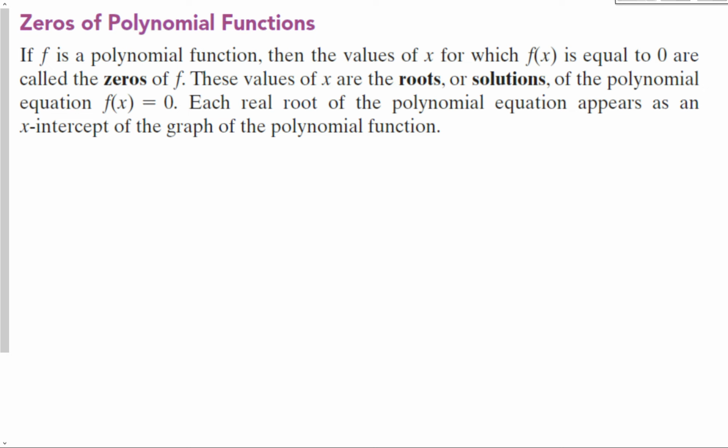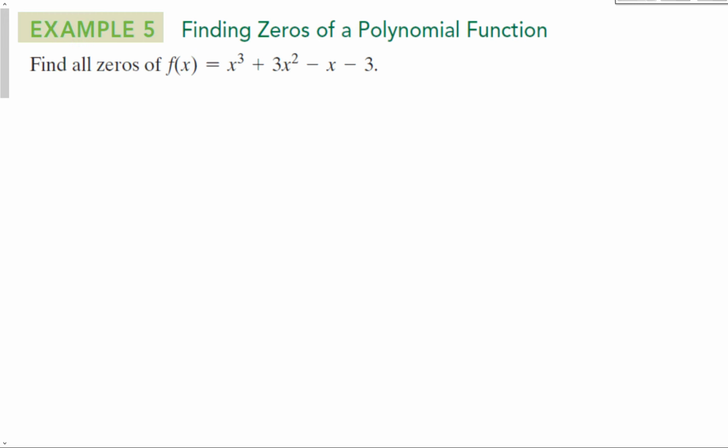Okay, so that's just a nuanced definition a little bit. So the values for which f of x is equal to 0 are called the zeros. The answers are called the roots. Means the same thing in essence, right? All we're trying to do is find the places where the graph crosses the x-axis, right? So we are looking for x-intercepts of the graph.